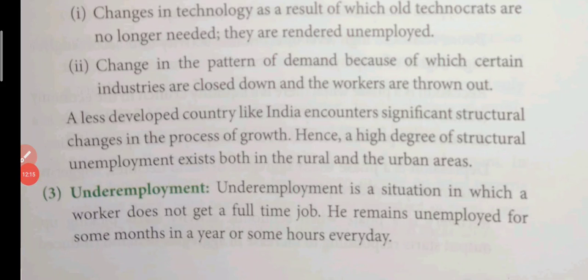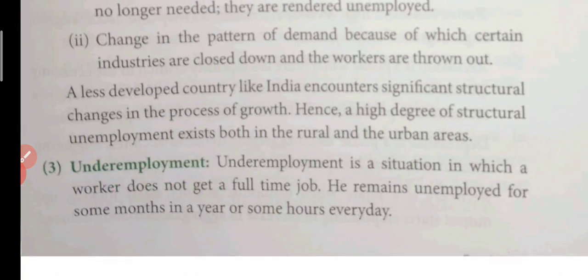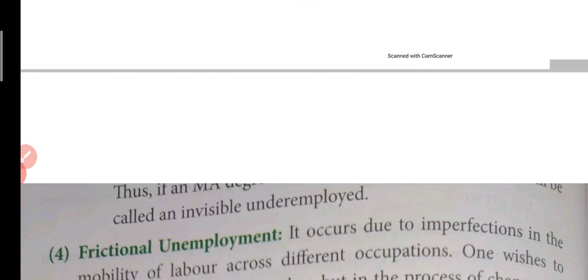When the aggregate demand is less, it is possible that people who want to work don't find any kind of job in the market, and even if they get a job, it will be only for some months in a year, or only for some days maybe. So this is called underemployment, meaning the person is ready to provide all kinds of service, he is ready to work, but the company is not ready to take up his services, his labor. This is the situation when the demand falls in the economy, that is, aggregate demand.